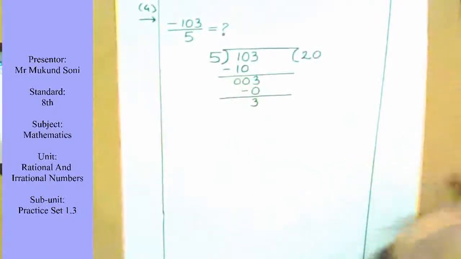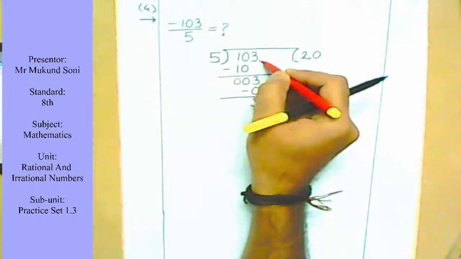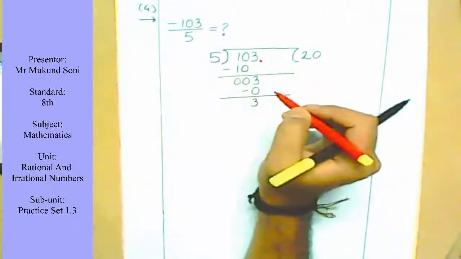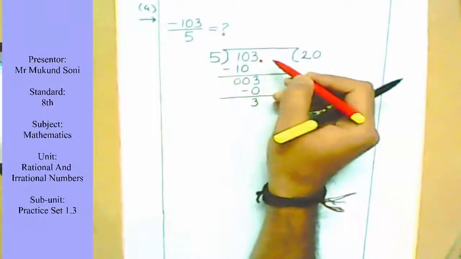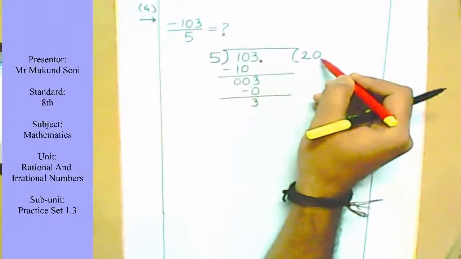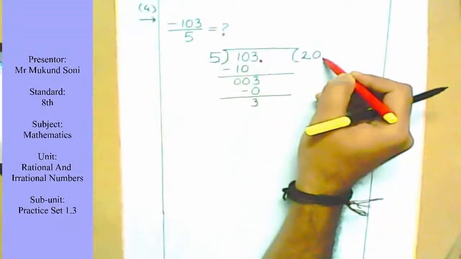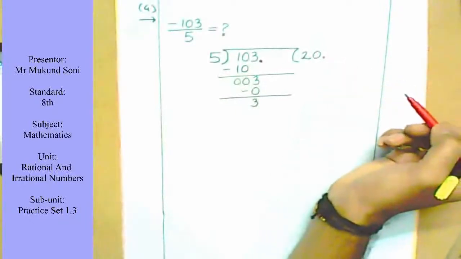Now this is the right time to place our decimal point. I am using a different color pen to place the decimal point, but if you don't have a different pen, you can use the blue pen itself. In the exam also you should use only a blue pen. Once you place the decimal in the dividend, then the same decimal you should put in your quotient.